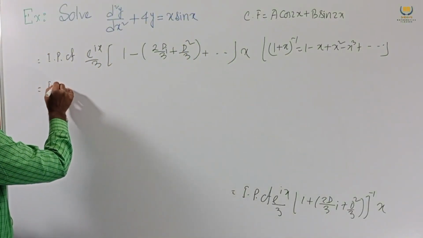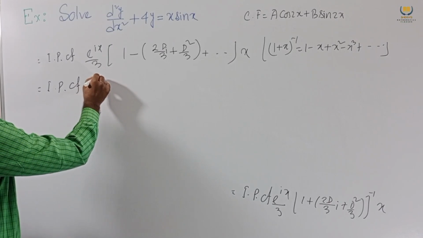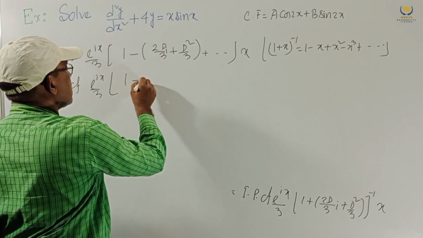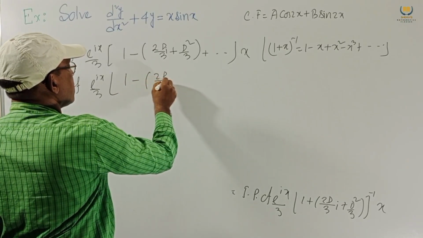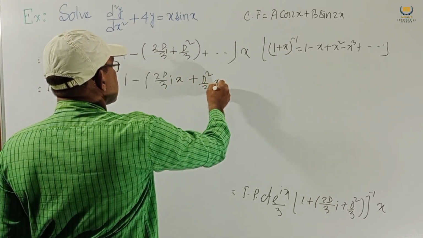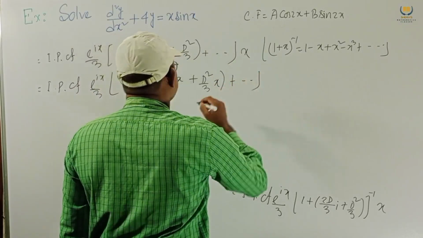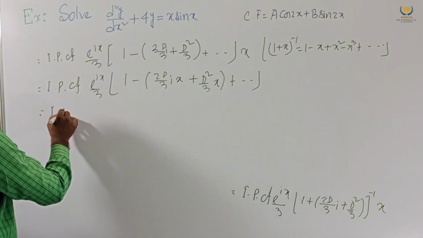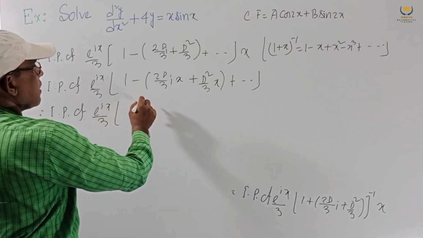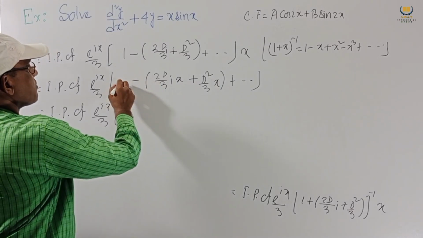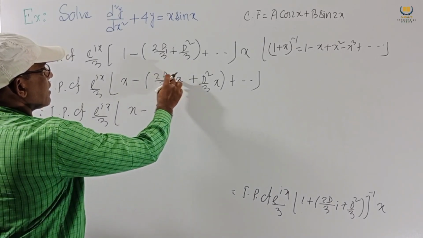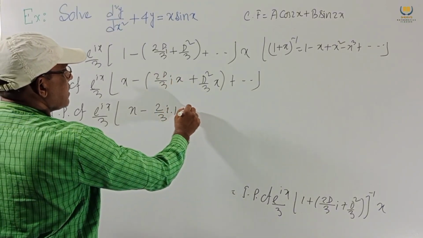So this is the imaginary part of e to the power ix by 3, multiplying this with x: x minus 2i by 3 times d/dx of x, which is 1, and the next is 0.